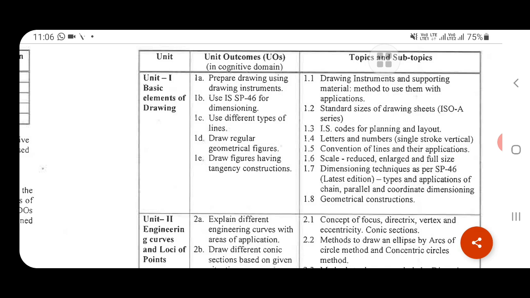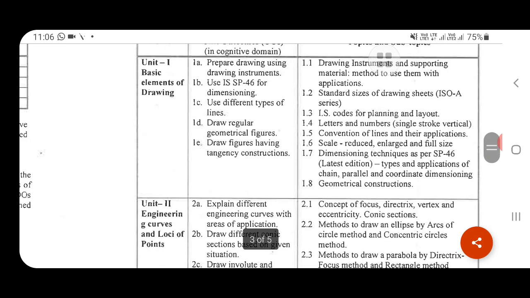Next is lines and their applications. Next, dimensioning techniques. Next, geometrical construction, which is very important.